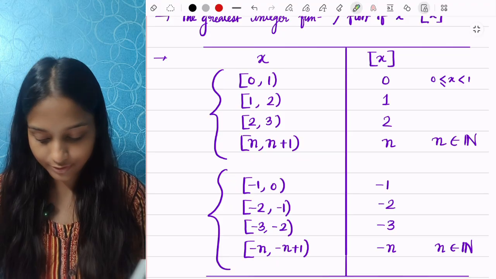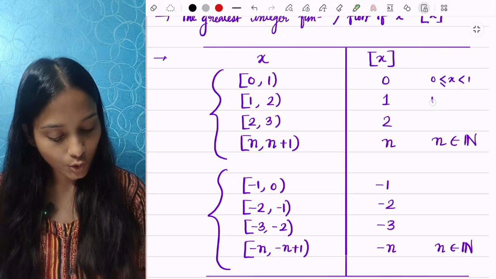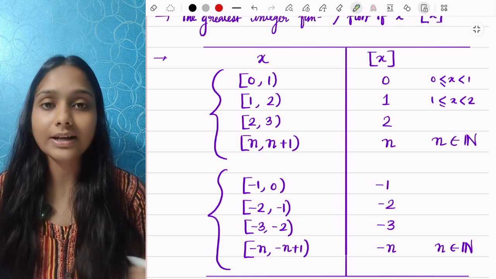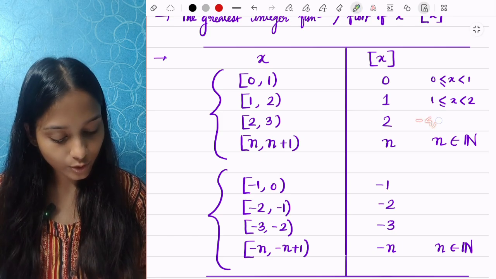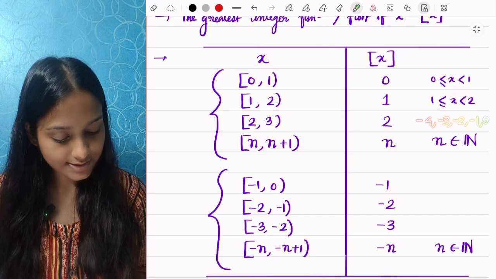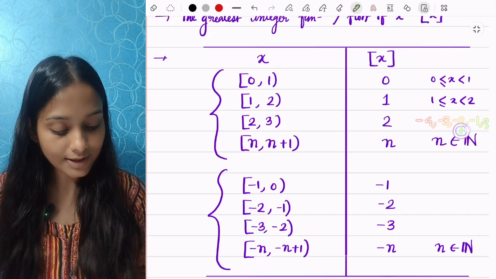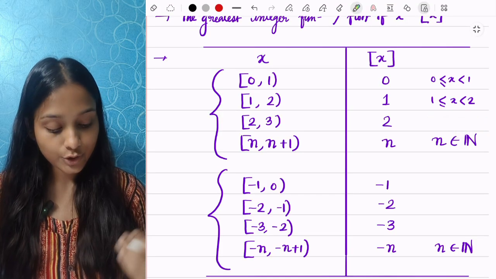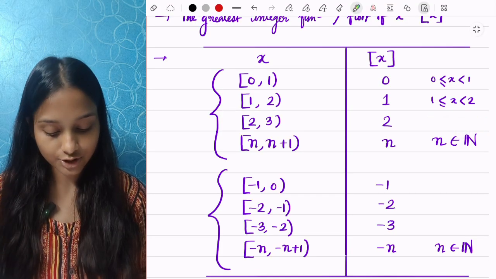Similarly, if x lies in 1 to 2, then there are many integers like -4, -3, -2, -1, 0, 1, but among them 1 is the greatest integer. So it is called the greatest integer function again.